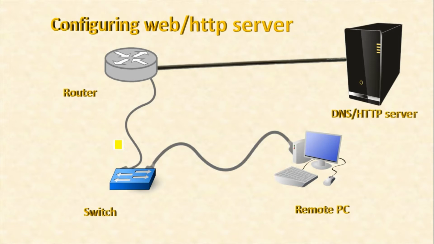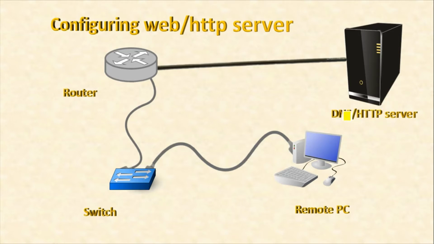In the pictorial diagram you can see a DNS server, and in this server different services are running, HTTP servers or web services. So this is the one server which has multiple services.